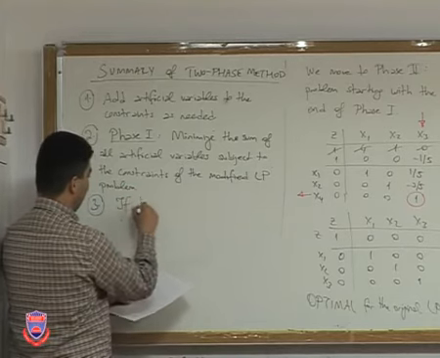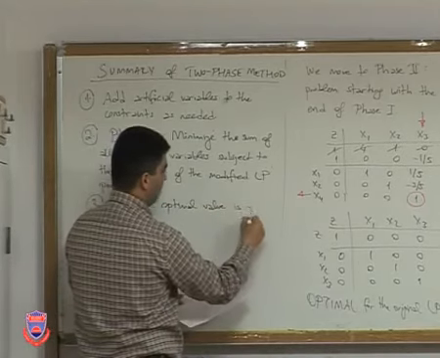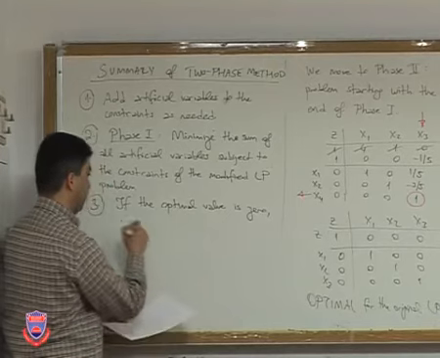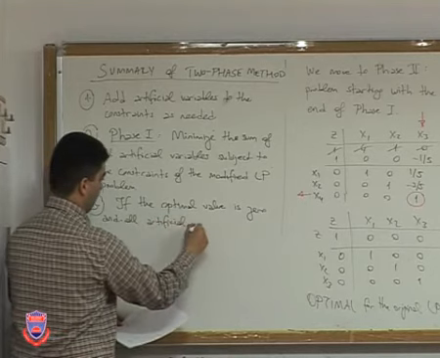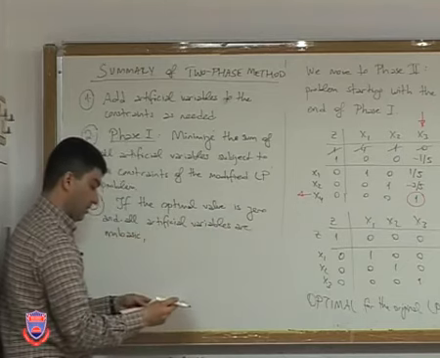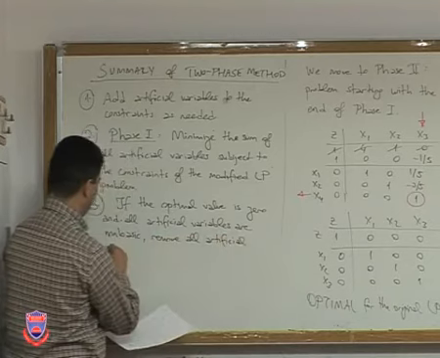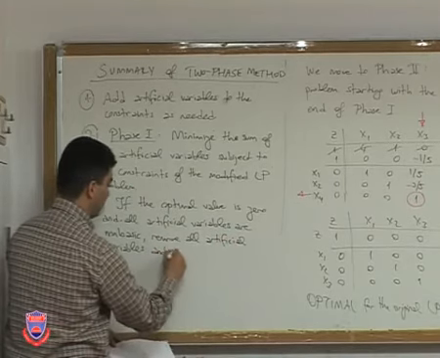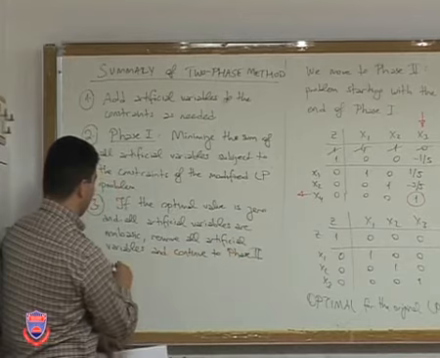So in step 3, if the optimal value of the phase 1 problem is 0, and all artificial variables are non-basic, remove all artificial variables, and continue to phase 2 with the original objective function.